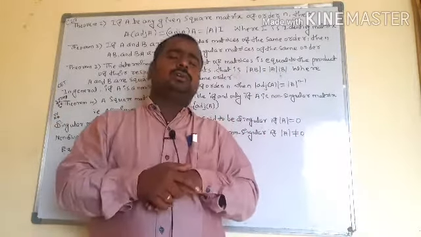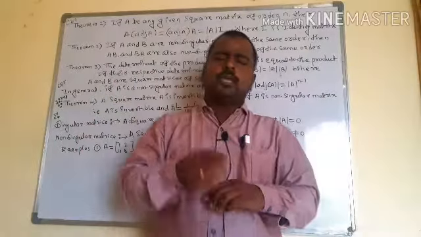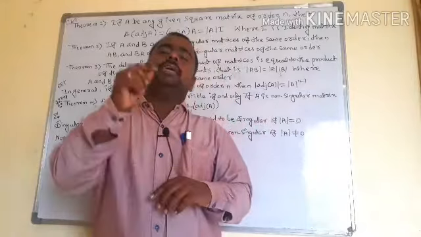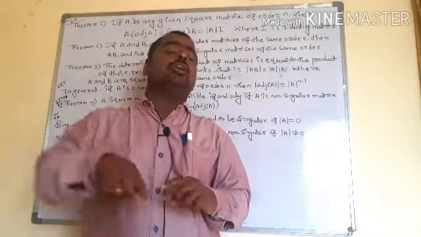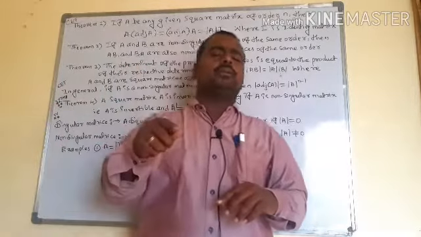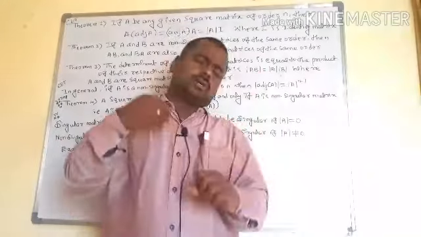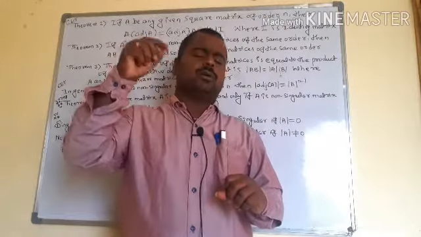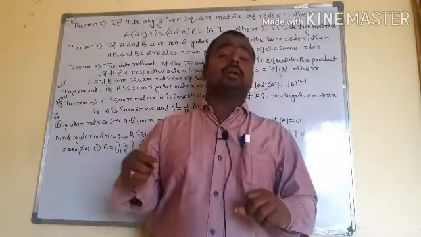Third is finished, and I am going to the fourth one, which is again very important. A square matrix A is invertible if and only if it is a non-singular matrix.